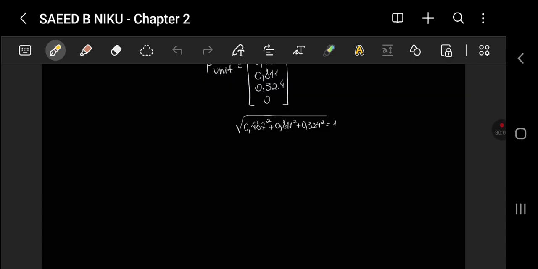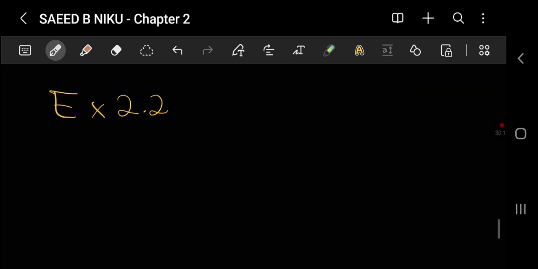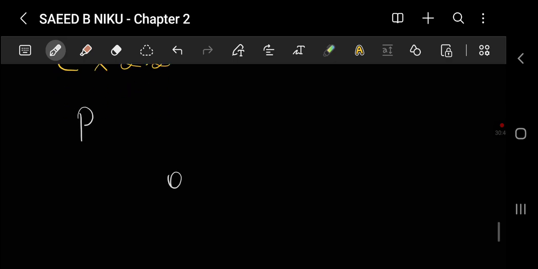Okay, let's see the example 2.2, and it says a vector B has a length of 5 units and is in the direction of a vector Q. Describe it below.